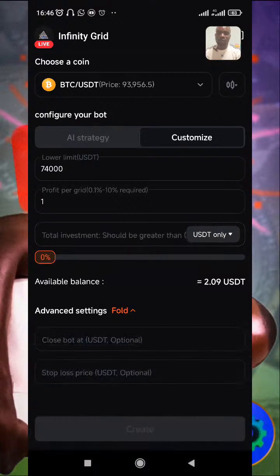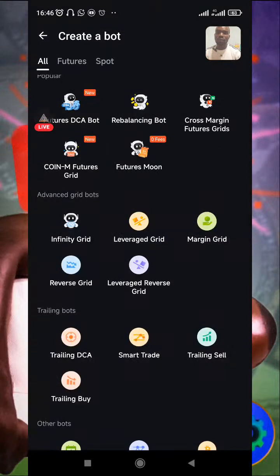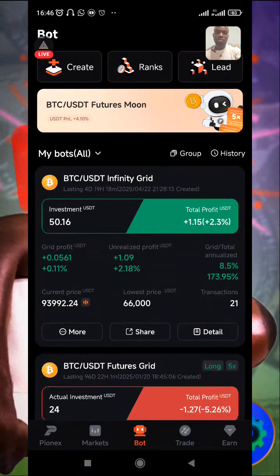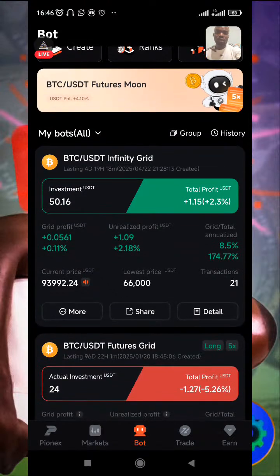So once you have everything set, now your bot will start operating, and when the market of Bitcoin goes up, you have those grids being set, you have those profits coming to you in terms of Bitcoin. That's the best part about this Infinity Grid bot. I was using the other grid bots, the regular one. My profit always came to me in terms of USDT. So when the price of Bitcoin goes up, I don't get value, because you know USDT is pegged to the dollar 1-to-1.